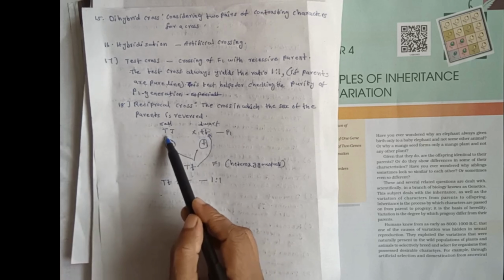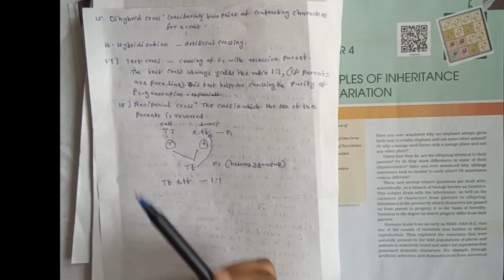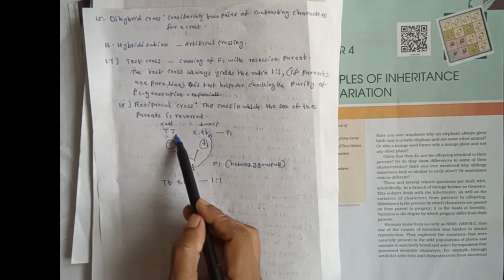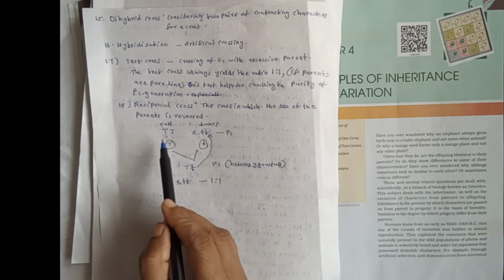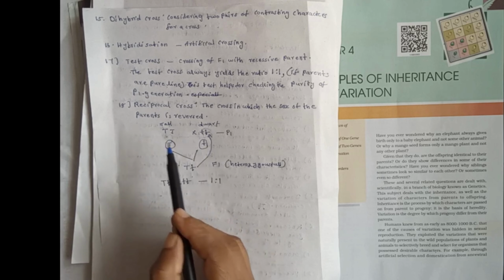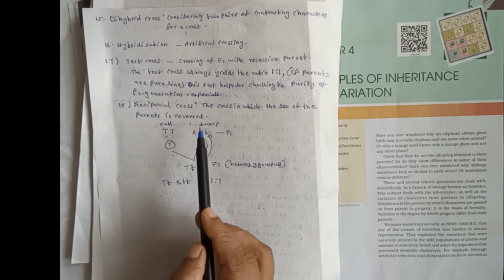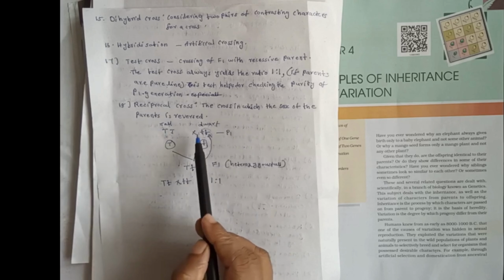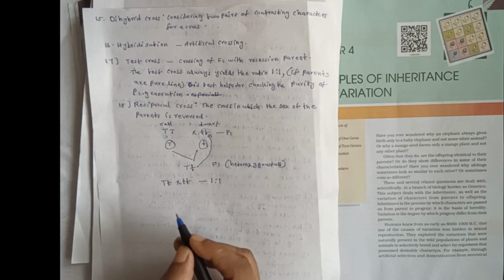In the first test we take this plant as female, then next we can take it as male. We can alternate, but the result is the same. Reciprocal cross means crossing in which the sex of the parents is reversed. The result is the same.